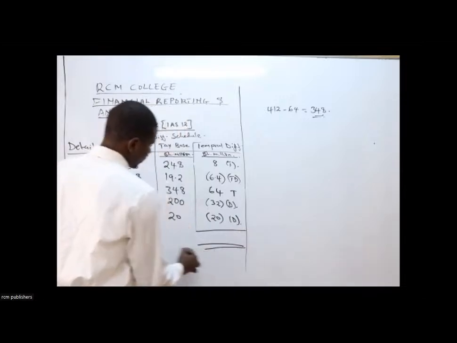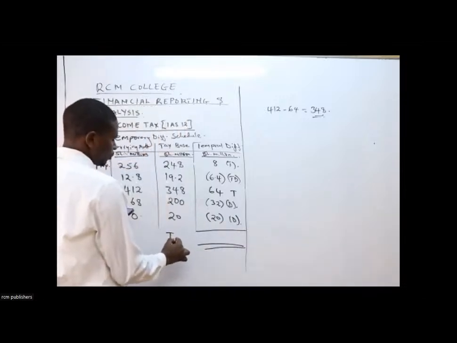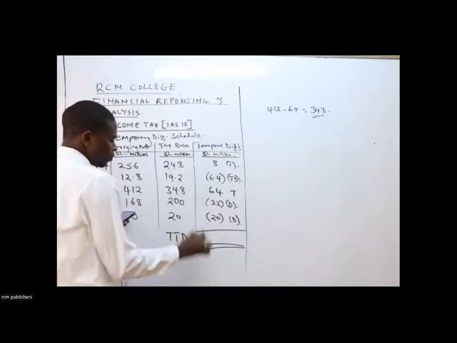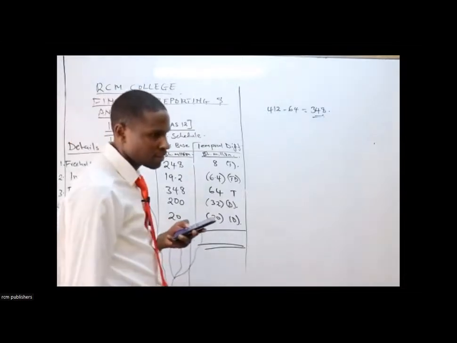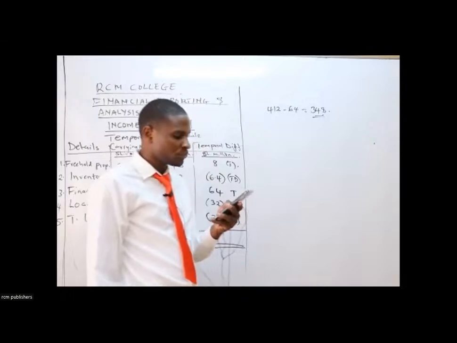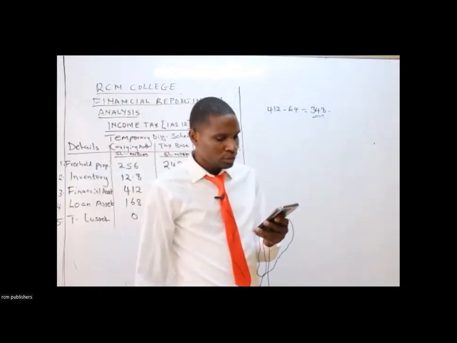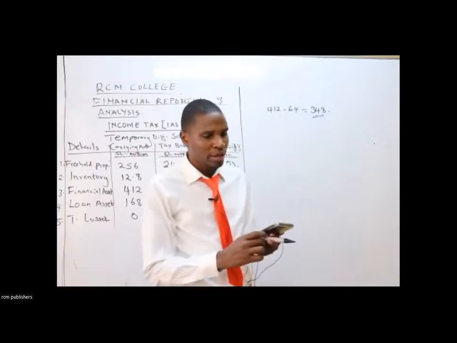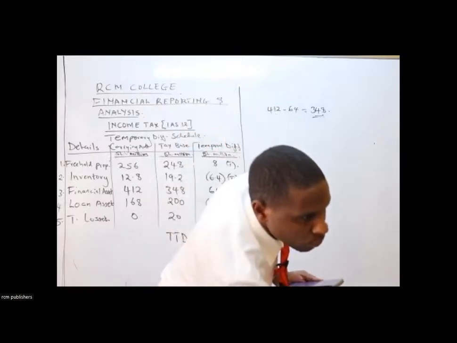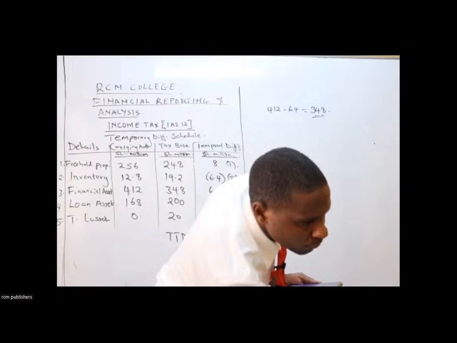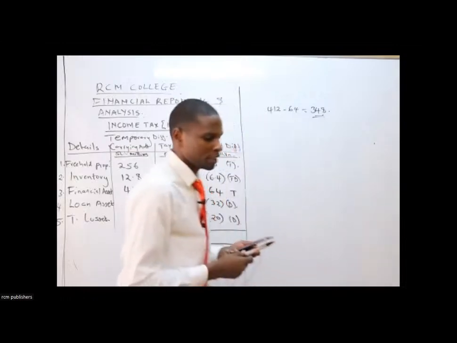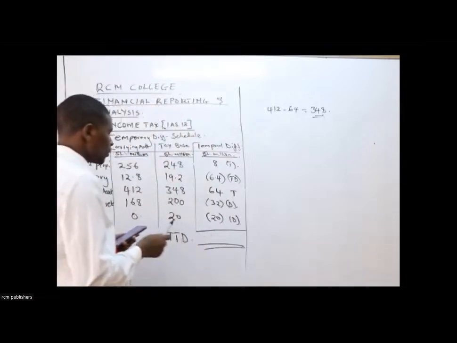What is our total temporal difference? Remember, our objective is to arrive at the deferred tax. What is our total temporal difference as far as that is concerned? Somebody can do the maths there to get the total temporal difference. Let us do that simple mathematics there.